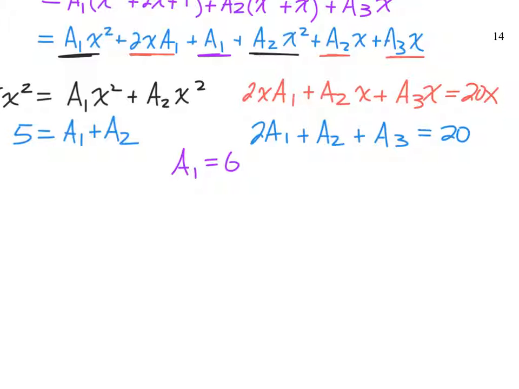If a sub 1 is equal to 6, then a sub 2 has to be negative 1. The other part we have to simplify a little bit, but you can also just play it out in your mind because the 2 times a sub 1 is going to give me a 12. Minus 1 makes it 11. Subtract the 11 from both sides, you get a sub 3 equals 9.